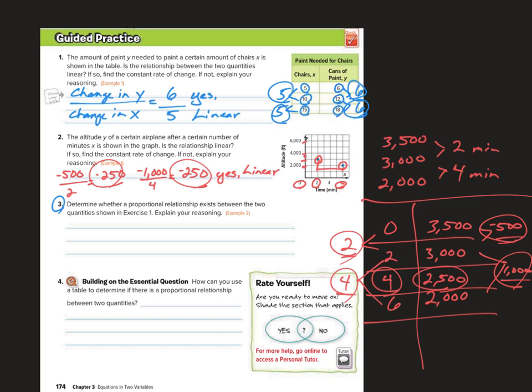So if we write those fractions down, 6 over 5, 12 over 10, and 18 over 15.